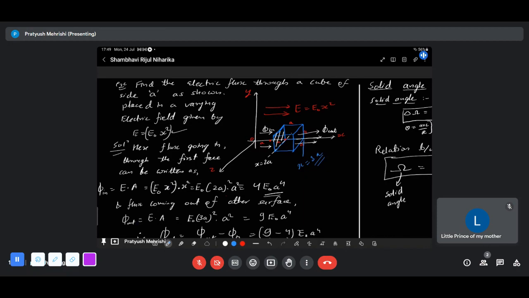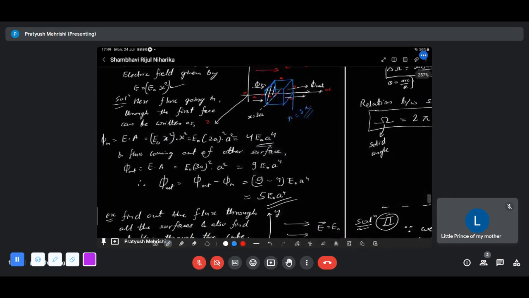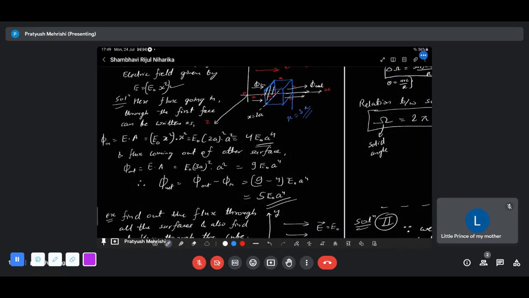So total flux entering inside is E dot A. It means E naught x square multiplied by A square, and E dot 2A square dot A square. When you solve it, what will you get? You will get 5 E naught A to the power 4. Means 5 A to the power 4 E naught. This will be the electric field.